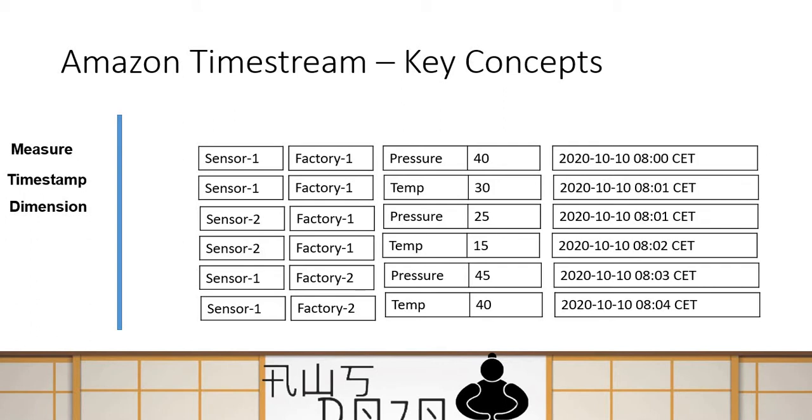So dimension is what provides metadata about the measurement. So you're getting measurements, but this is a measurement of what? And there could be one or more dimensions for a measurement. Like in this case, I'm talking about a sensor in a factory. But to be honest, it could be bigger than that.